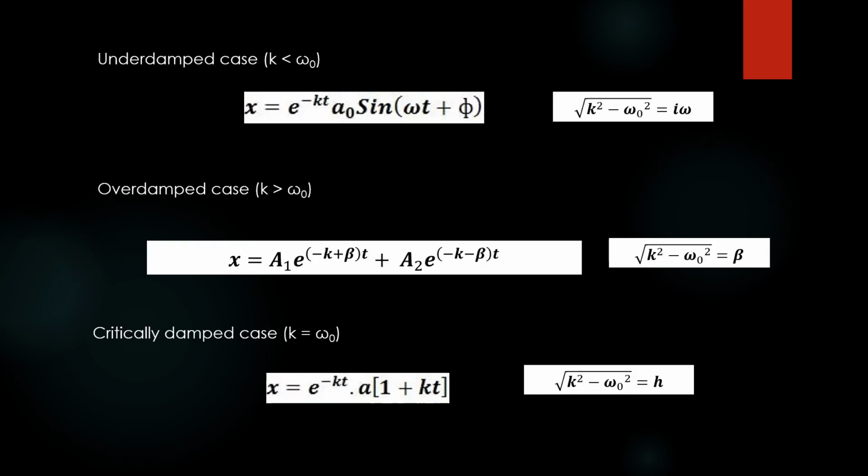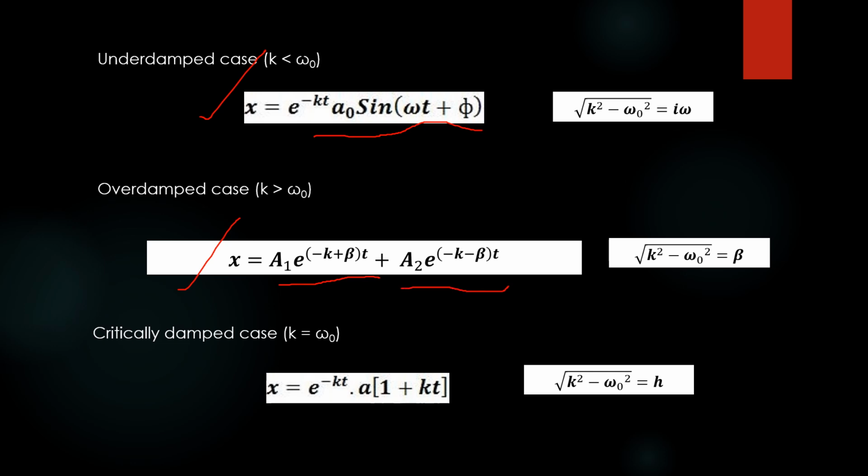You have to remember the value of x in each case. For underdamped case, x is equal to e raised to minus kt a0 sine omega t plus phi. Here we had put root of k squared minus omega 0 square as equal to i omega. Whereas in overdamped case, the value of x is equal to a1 into e raised to minus k plus beta into t plus a2 into e raised to minus k minus beta into t.